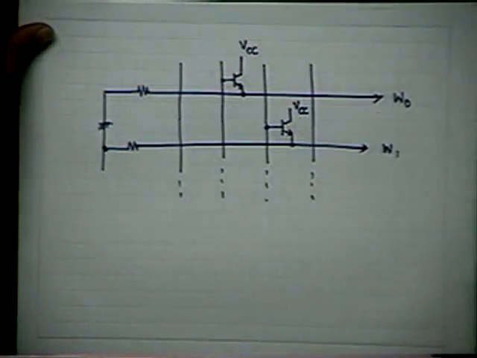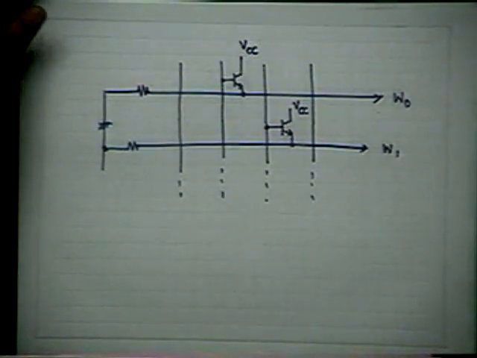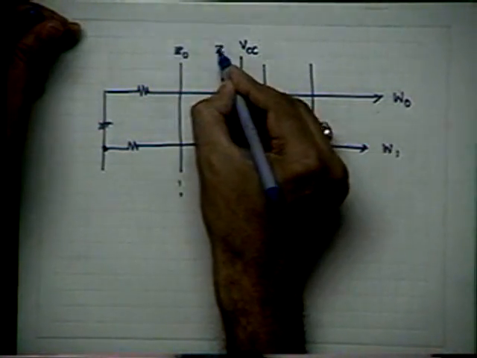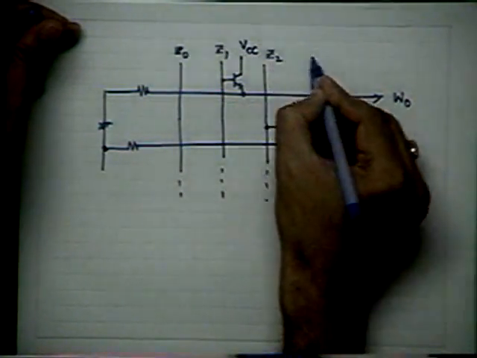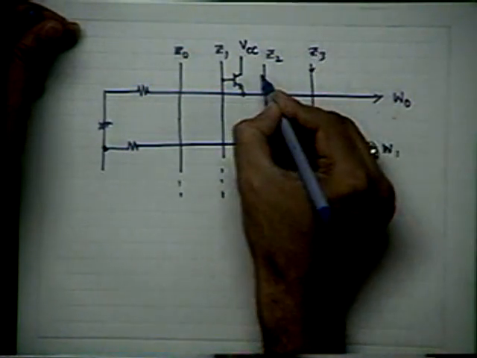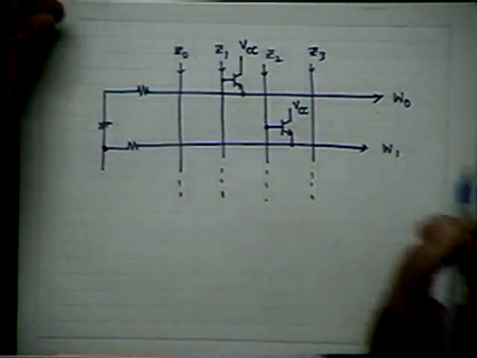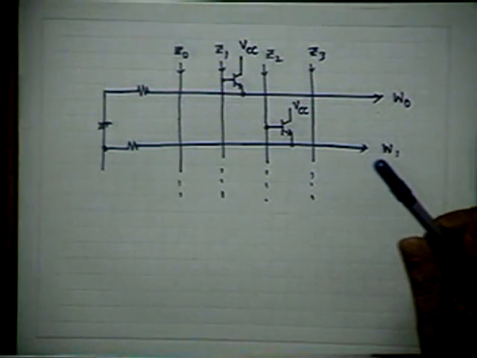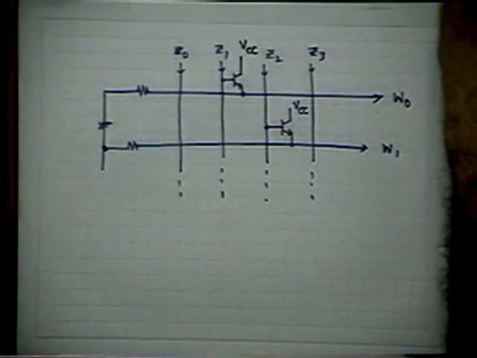What is the advantage in it? As compared to the simple diode array, what is the advantage? This is an array of transistors.